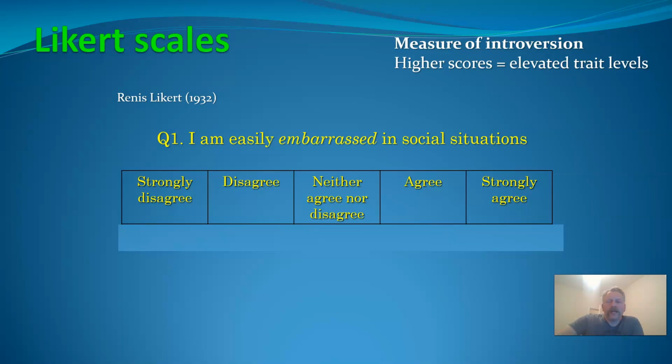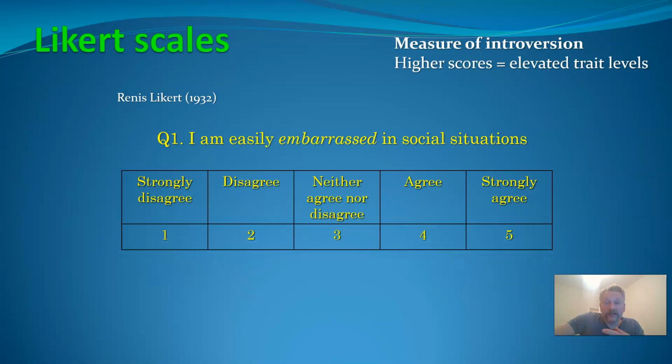So, question 1, I'm easily embarrassed in social situations. The possible response scale that the participant sees ranges from strongly disagree all the way through to strongly agree. You don't show participants this, but when we begin to quantify this, we can assign 5 values here: 1 for strongly disagree, all the way up to 5 for strongly agree.